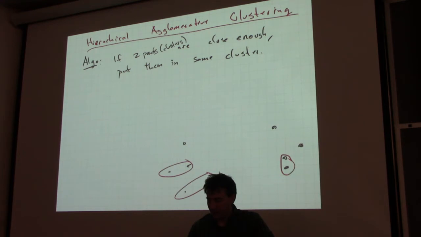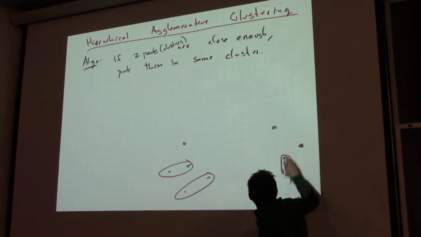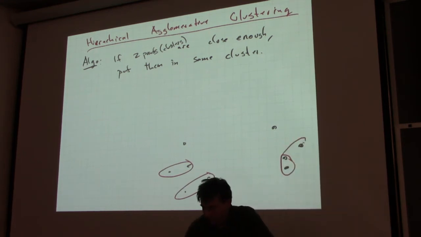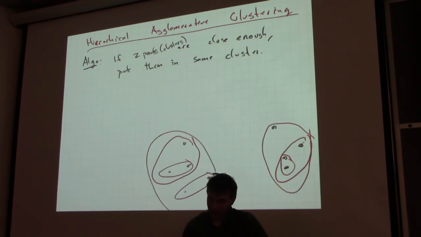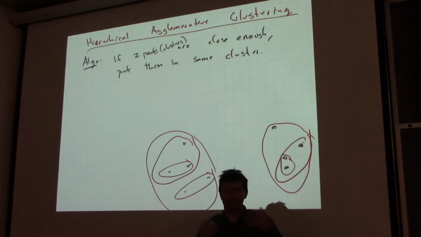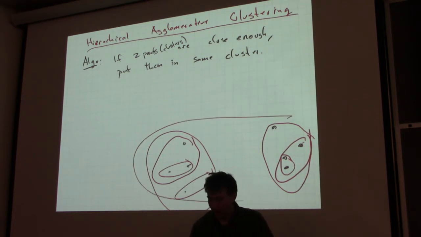This point and this cluster are close enough, so I'm going to put them in the same cluster. This point and this cluster are close enough. These are close enough. And then maybe I stop.